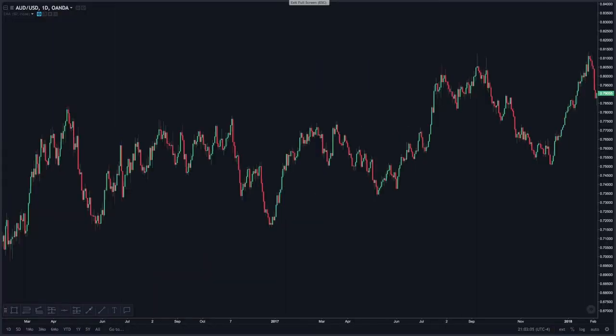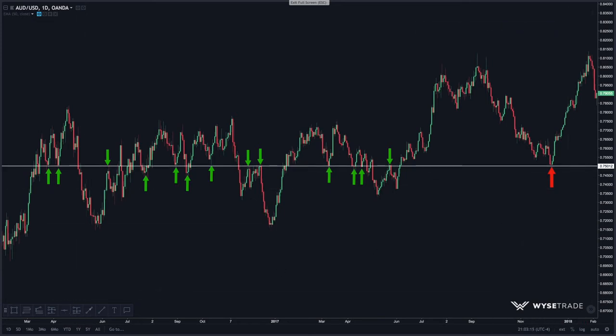So this is the Aussie dollar pair. This red arrow here is where the trade we will analyze occurred. As you can see, this area is very key and has acted as both support and resistance a vast amount of times. So let's zoom in and I'll show you what I mean.